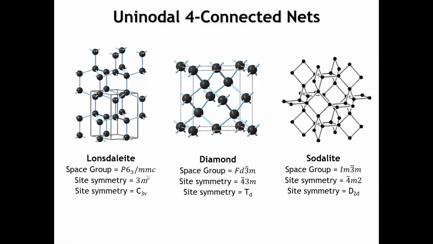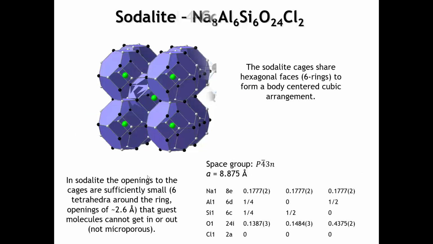So what's the relationship between this network and the sodalite cage that we see in a zeolite? That network takes its name from the mineral sodalite, which I show here. Sodium, aluminum, silicon, oxygen, chlorine. Maybe you can see these blue looking vaguely like a soccer ball.